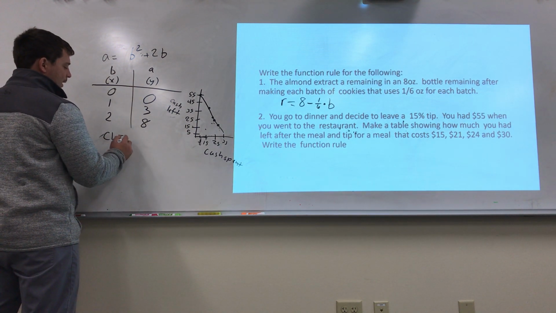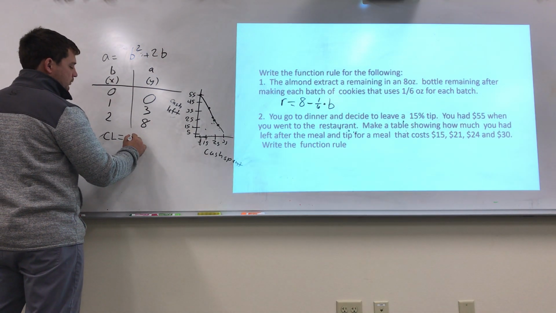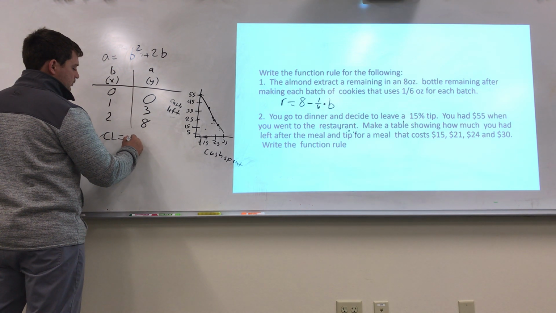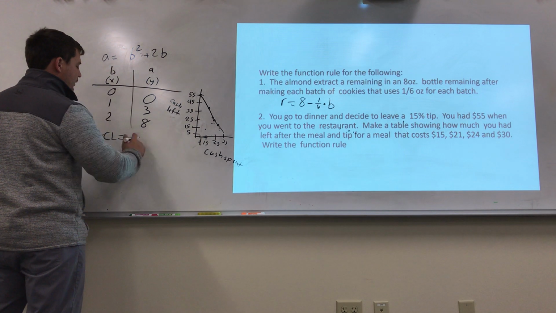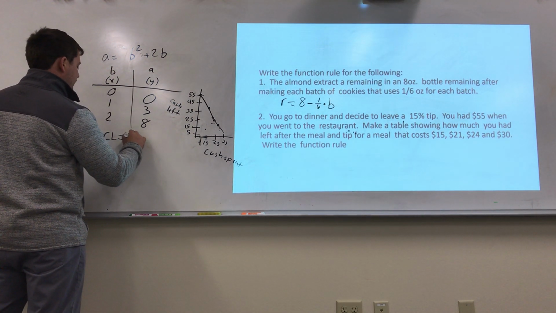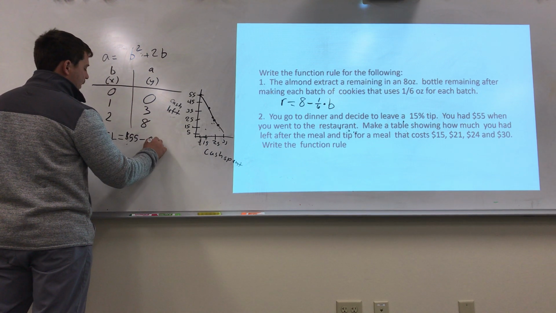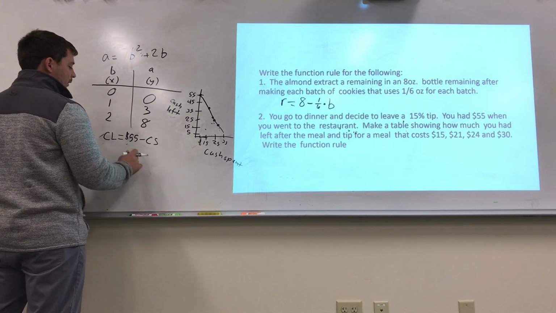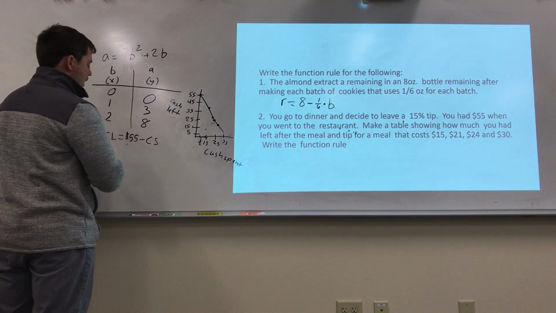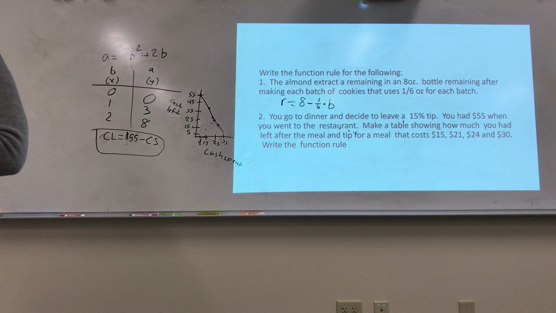We were always finding that by taking cash, or $55 I guess, because that was the initial amount, minus CS, cash spent, and getting what was left. So this right here would be your function rule in that one. And we did it the whole time we were doing it.